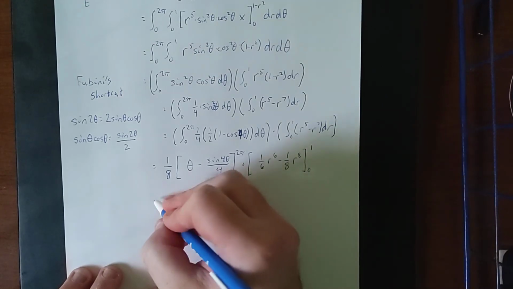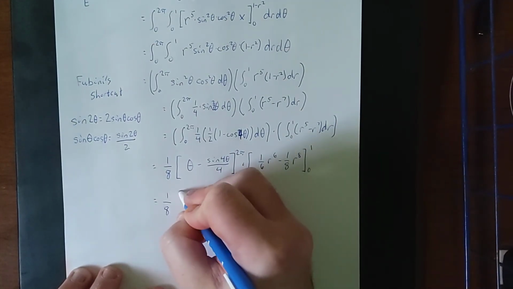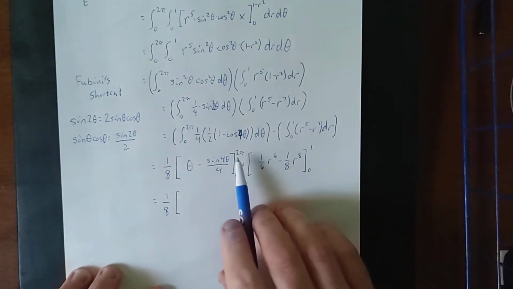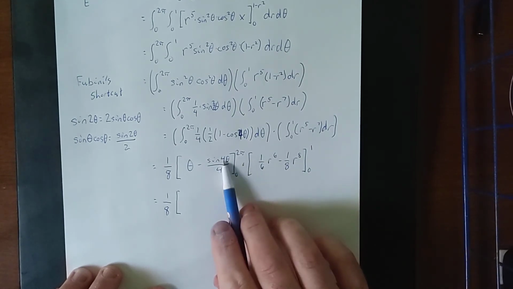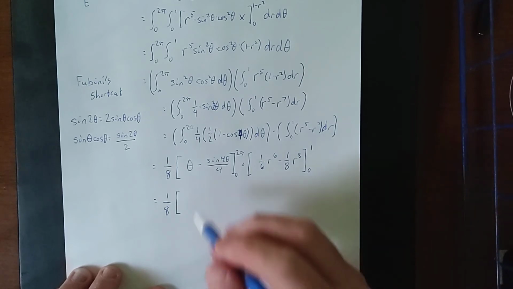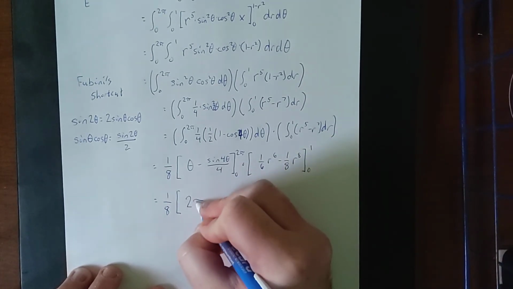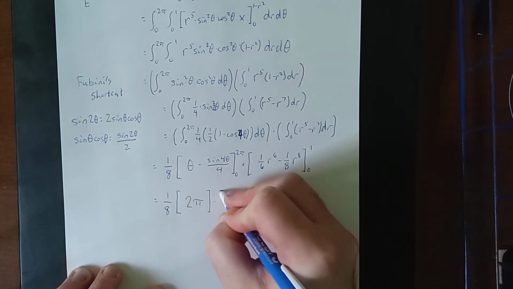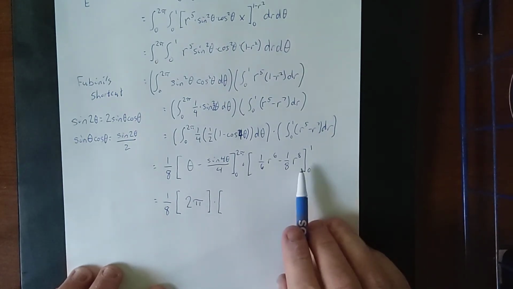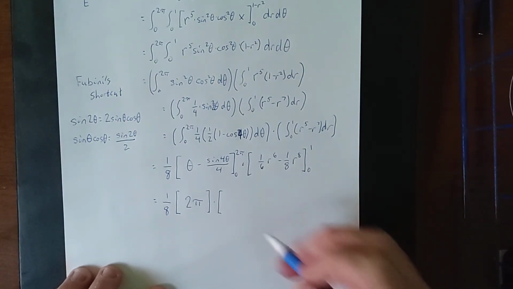Now, good news is, plugging in 2 pi or plugging in 0 for theta, in both cases, the sine of 4 times that angle is going to be 0. So the only non-zero term that we get from the first part is going to be 2 pi. From the second set of brackets, plug in r equals 1, we get just the coefficients.